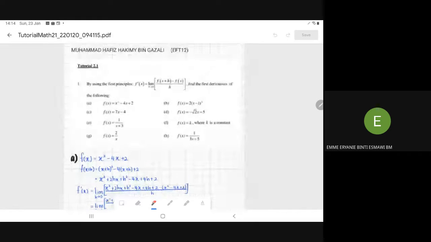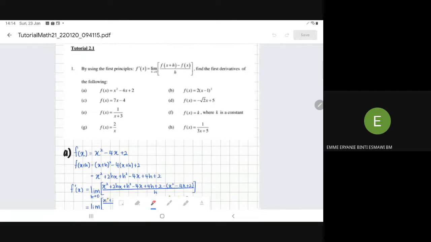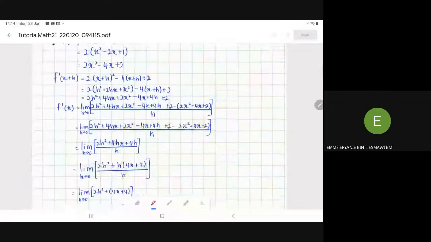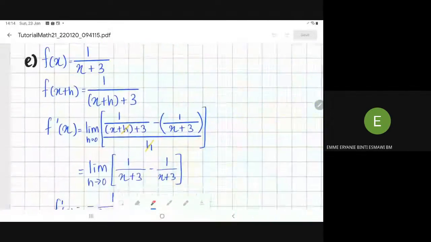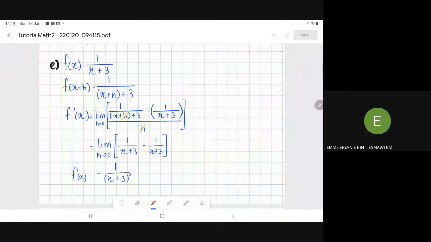Saya nak tanya, Hafiz ada tablet ke? Ya, guna tablet. Oh, tablet apa? Samsung Tab S6. Okay. So very kemas lah. Okay. Dan saya suka tengok jawapan Hafiz. Kalau semak jawapan Hafiz mesti seronok je tengok. Okay.